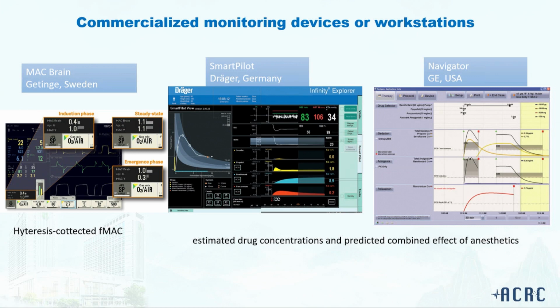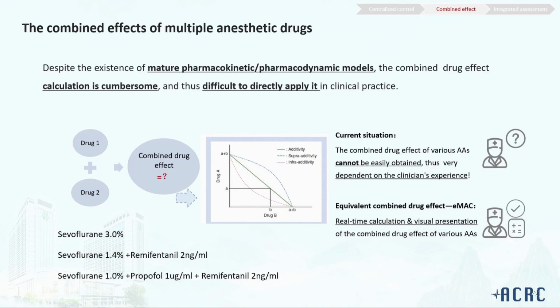They convert the response surface model into an isobologram. But the problem is it's hard for the clinician to read and interpret this complex pharmacokinetic model for instant guidance in titrating anesthetics.